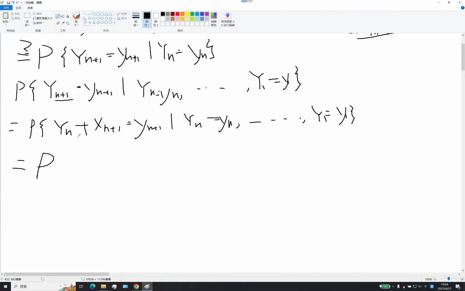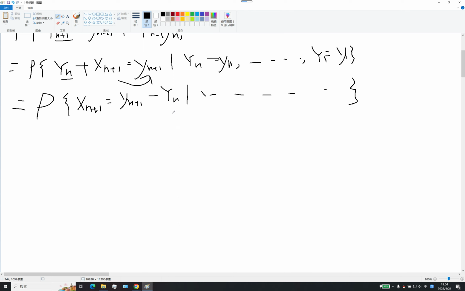So we take this part to the right side, and we can get X(n+1) = y(n+1) minus Yn on the condition of those things.